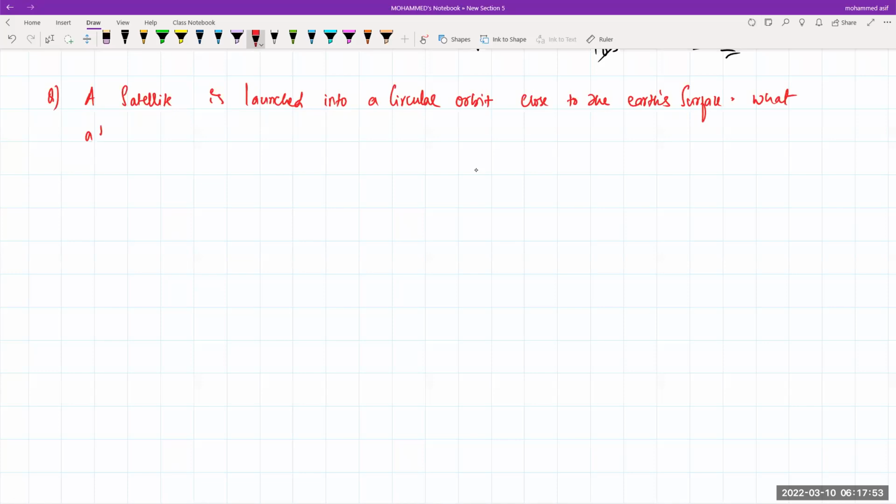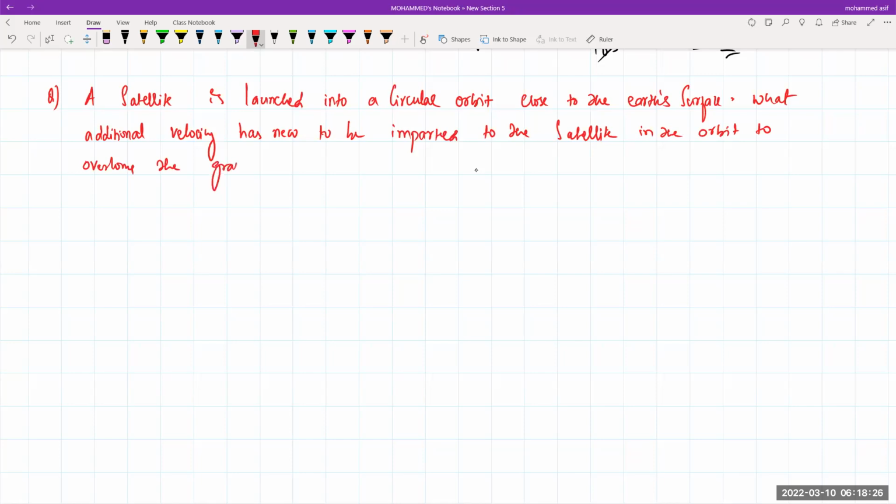What additional velocity has to be imparted to the satellite in the orbit to overcome the gravitational pull? To overcome the gravitational pull.